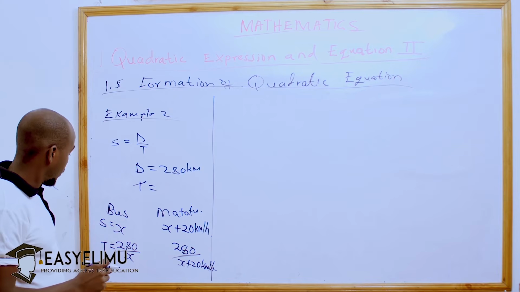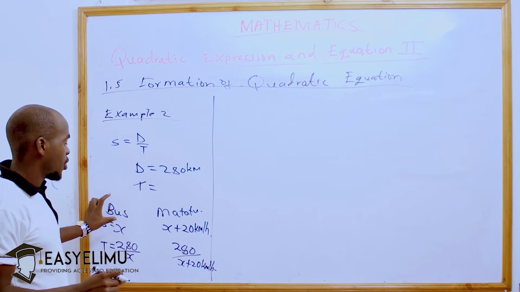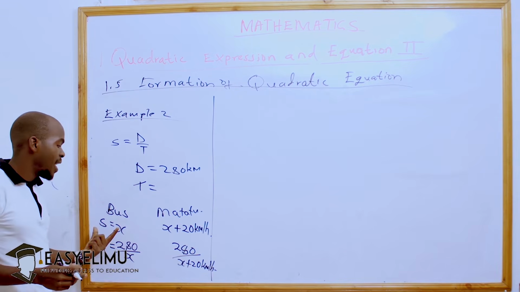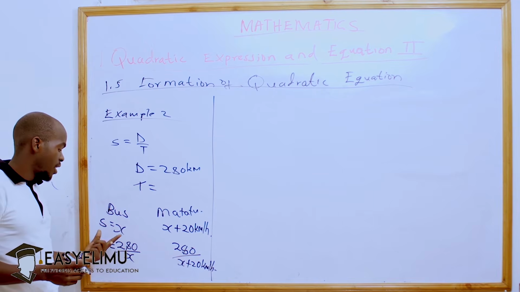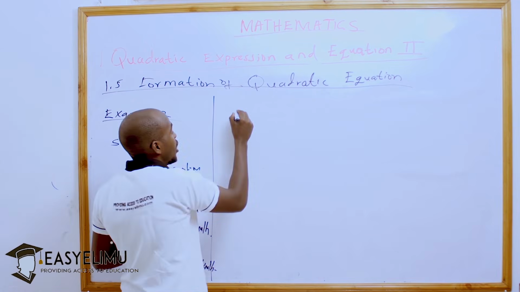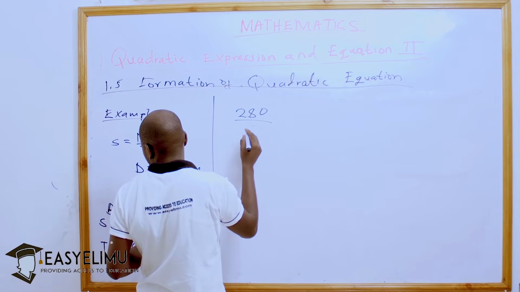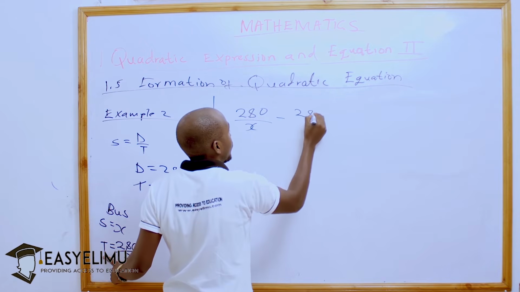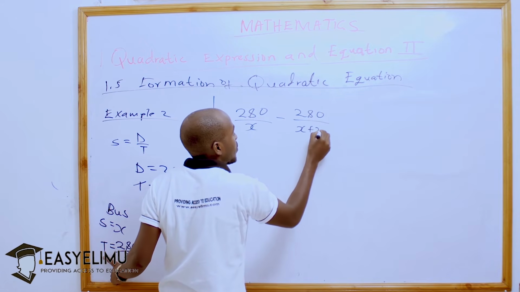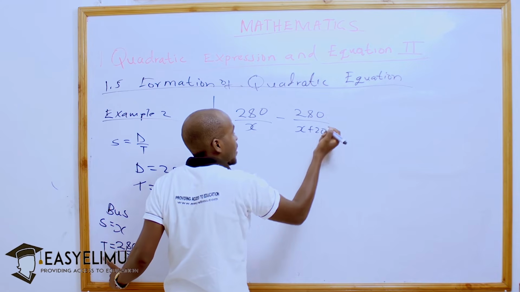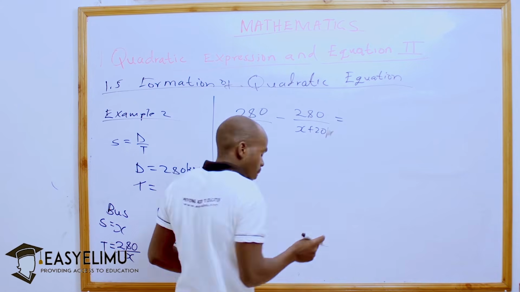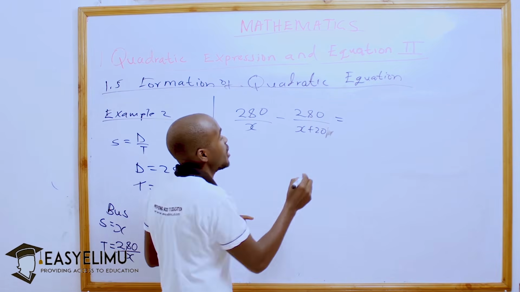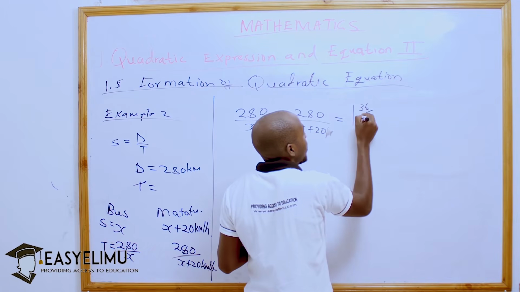From this section, now we can form a quadratic equation by saying that if this one moves faster than the bus, then this one will take less time compared to the bus. So meaning that if we take the time the bus takes, which is 280 over x, we subtract the time that the matatu takes, we should get, we have been told it arrived 1 hour 36 minutes earlier.